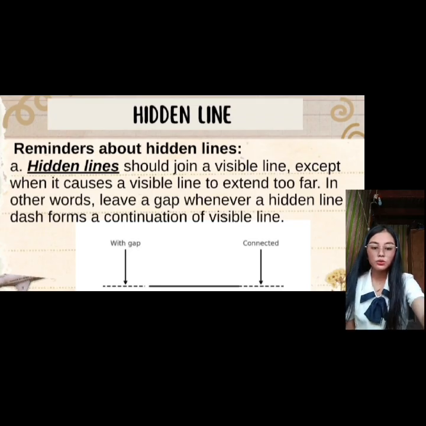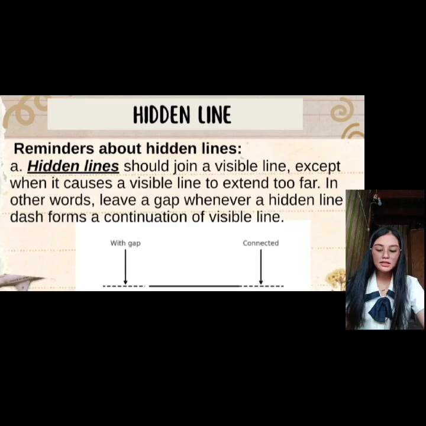So the first one is hidden line should join a visible line, except when it causes visible line to extend too far. In other words, leave a gap whenever a hidden line dash forms a continuation of visible line.